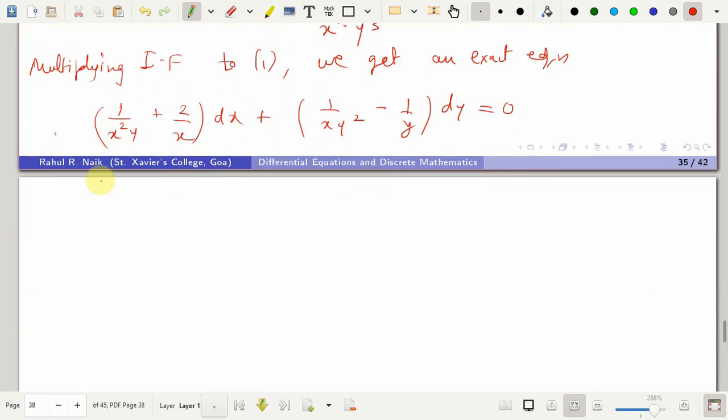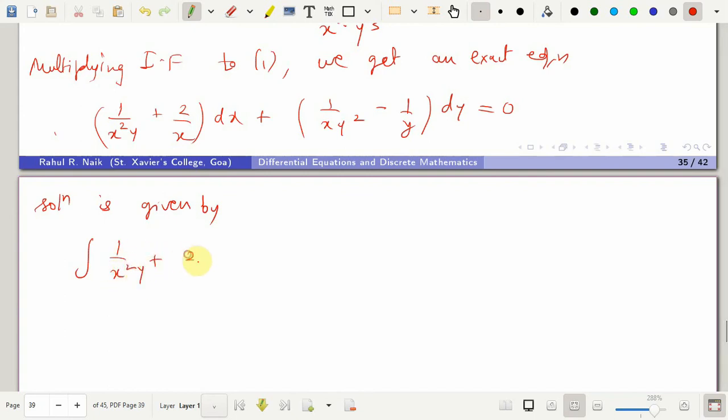So the solution is given by the integral of this term as it is, 1 by x squared y plus 2 by x, keeping y constant, integrating with respect to x, and the integral of the terms of n not containing x. The first one contains x, so I cannot take it.